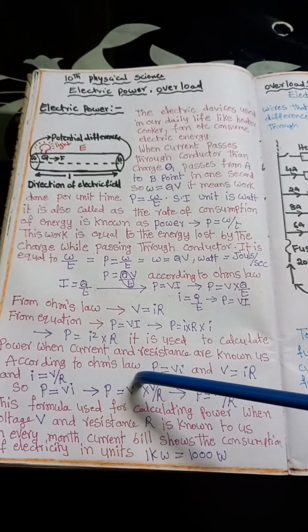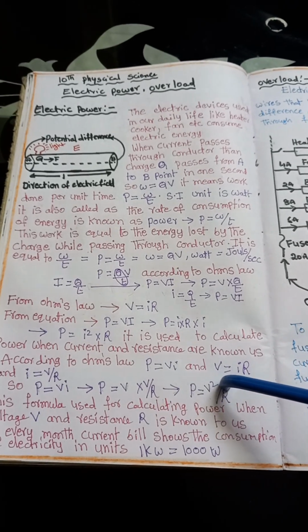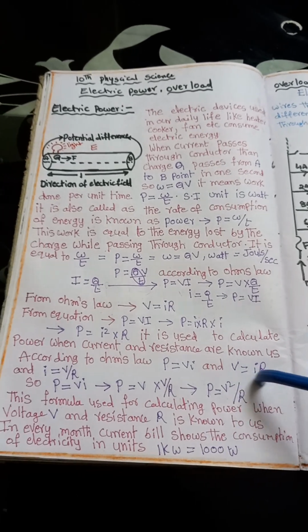According to Ohm's law, P is equal to VI and V is equal to IR.